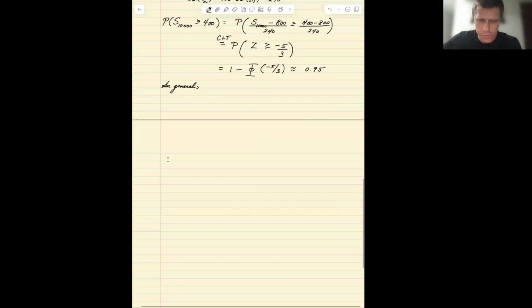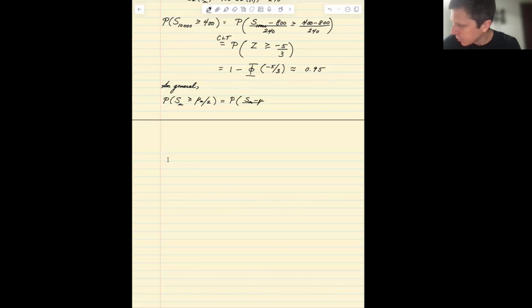And then in general, the probability that Sn is larger than mu n over 2, where mu n is just n times mu, is the probability that (Sn minus n mu) over sigma square root of n is bigger than or equal to (mu n over 2 minus mu n) over sigma square root of n.